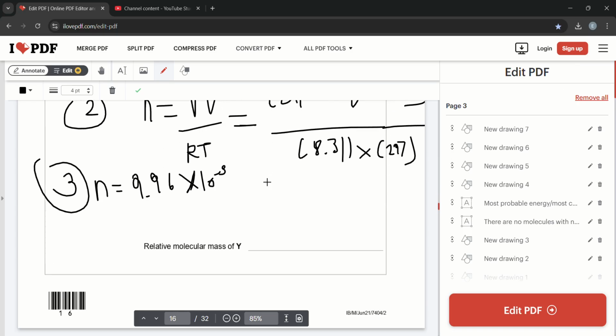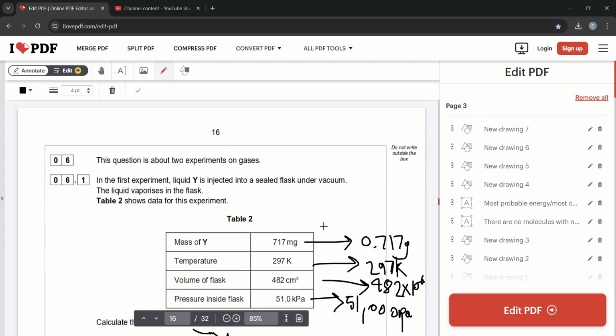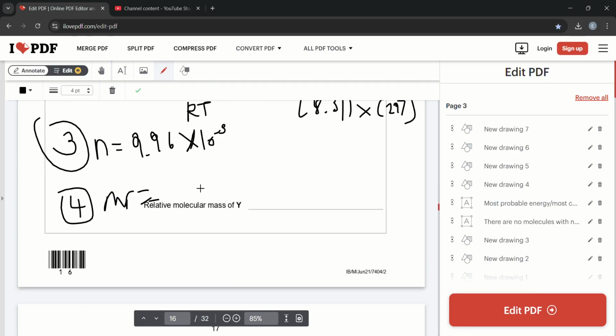We are trying to find the MR, the relative molecular mass, and we know moles is mass over MR. So therefore MR is going to be the mass in grams of Y, which we've already converted, 0.717, divided by the number of moles, 9.96 times 10 to the power minus 3.